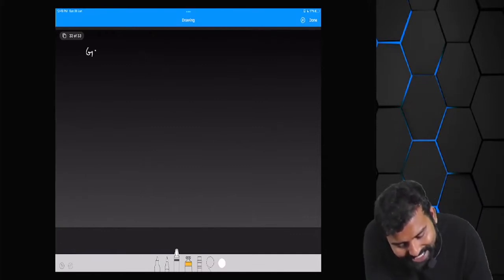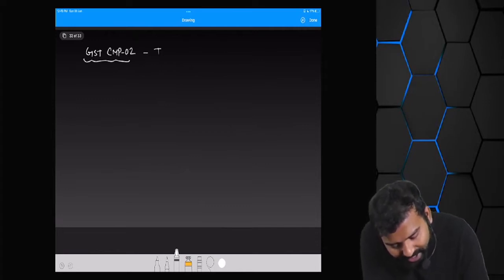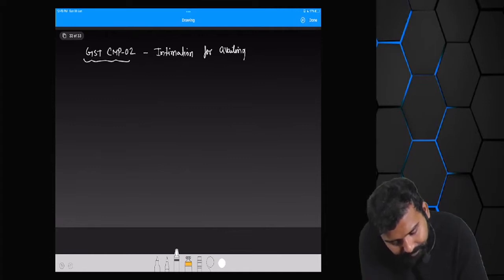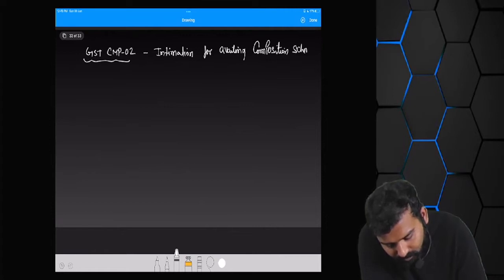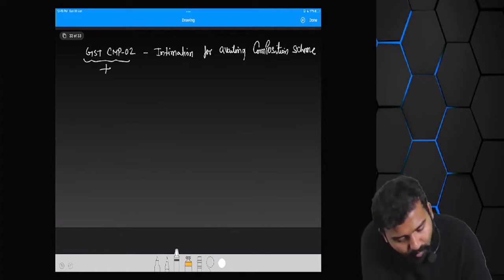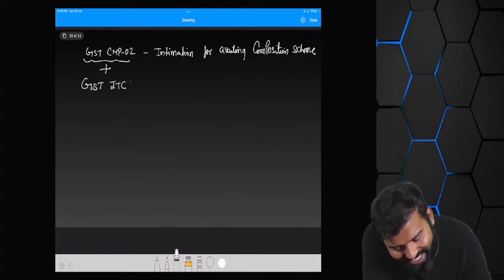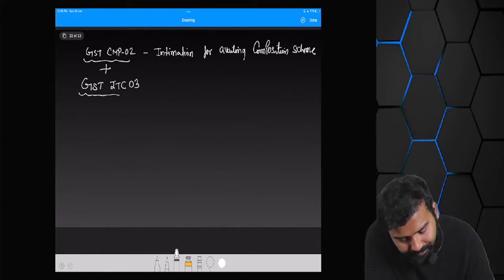With this GST CMP02 form, which is the intimation for availing the composition scheme, you have to file one more form, and that is called the GST ITC03 form.